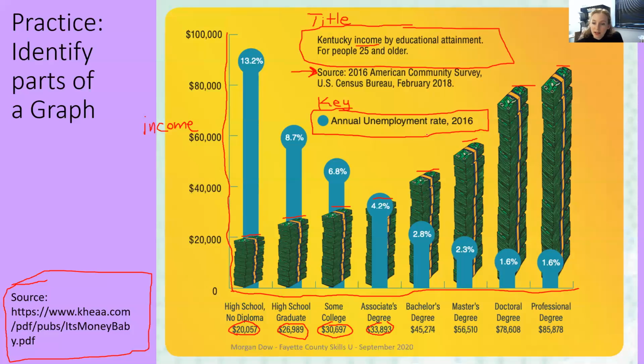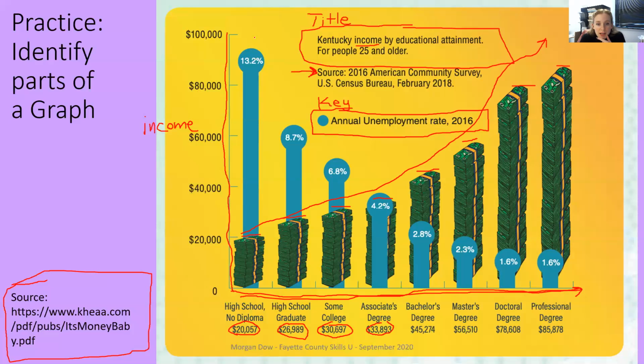So some things that I notice when I look at this, I notice that as we move up in the amount of education, I see that the average income is also going up, right? So the more education you've had, the more money you're likely to earn.